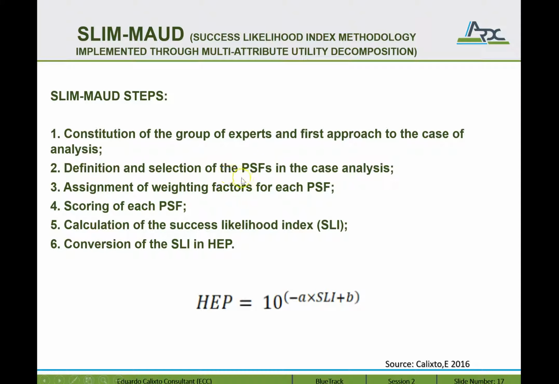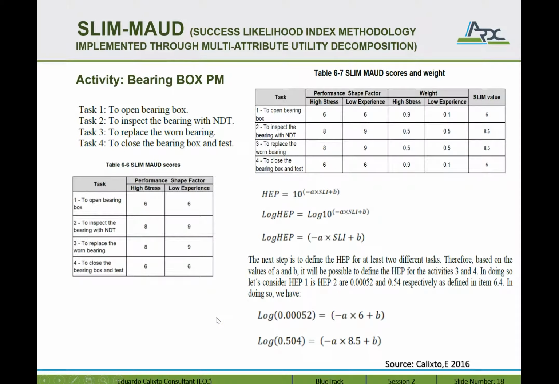We need to define which performance factors influence this task more, and assign weight factors for each performance factor, and then scoring for each performance shaping factor, and then calculate the success likelihood index, and from it we can calculate the human error probability.